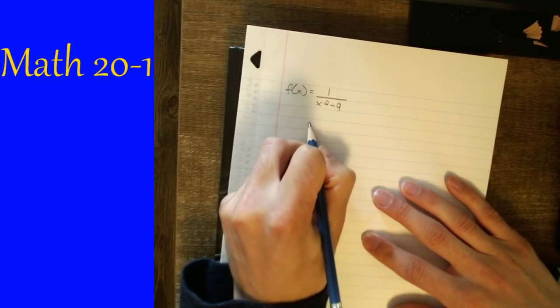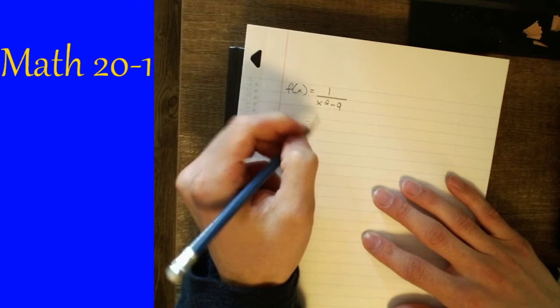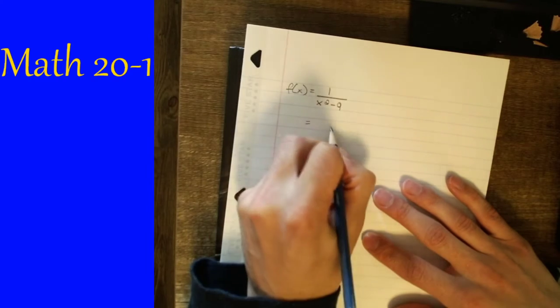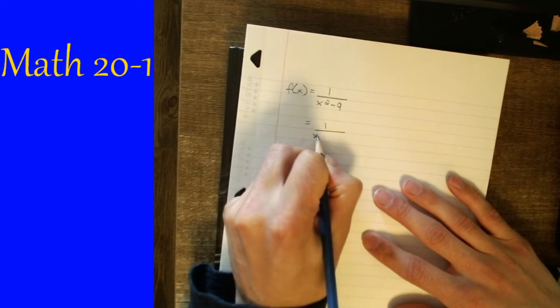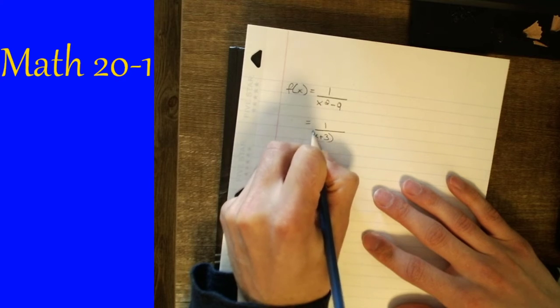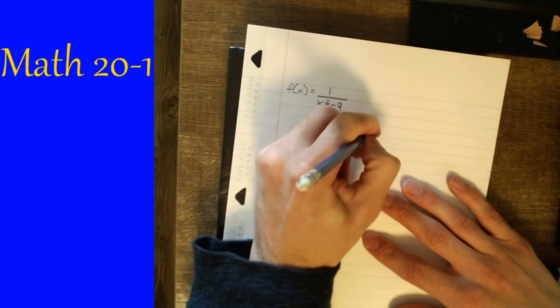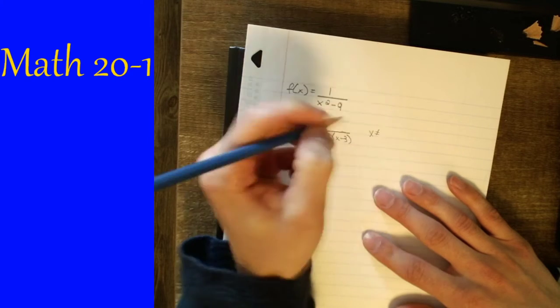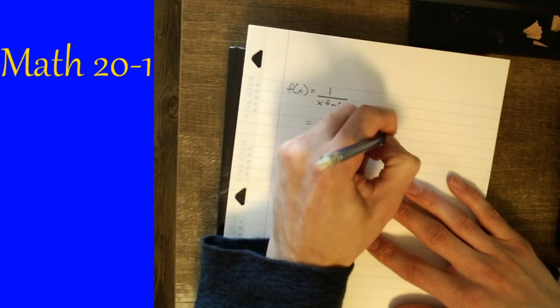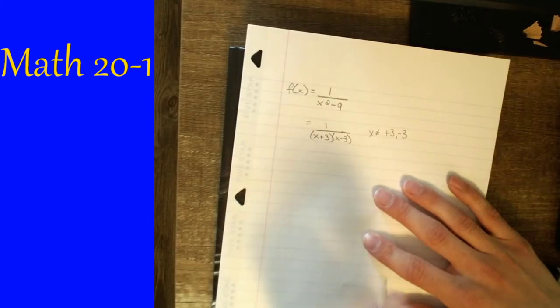Well, as soon as I write that, I realize it's a difference of squares, so let's just very simply factor it. Gives me a better picture that x cannot equal positive 3 or negative 3.